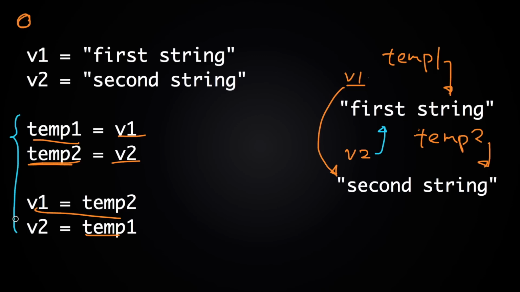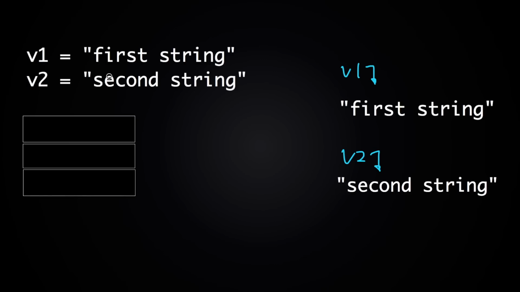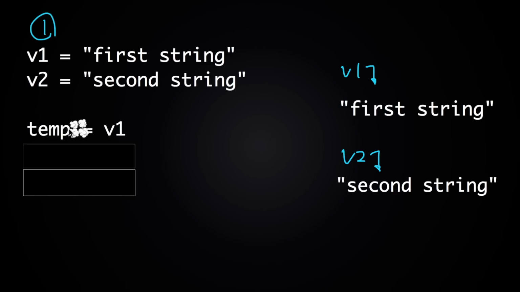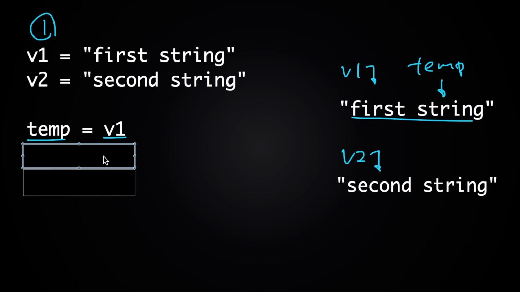So this is one potential solution, but actually we don't have to use two temporary variables. Okay, here's a solution that only uses one temporary variable instead of two. The first thing we're going to do is set a new temporary variable called temp to what v1 refers to. So temp will be this string right here, and after that we'll set v1 to v2.